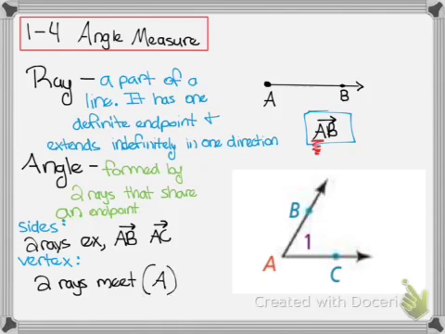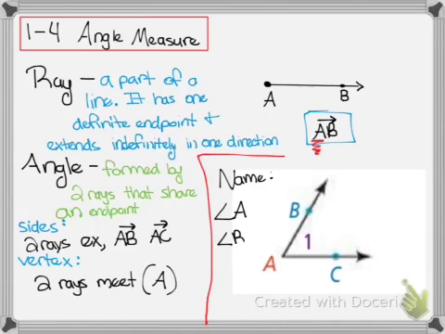So when we're naming an angle, we can either use the vertex or 3 points. So for instance, to name this angle, we could call this angle A. That's naming it by its vertex. We could also call this angle BAC.